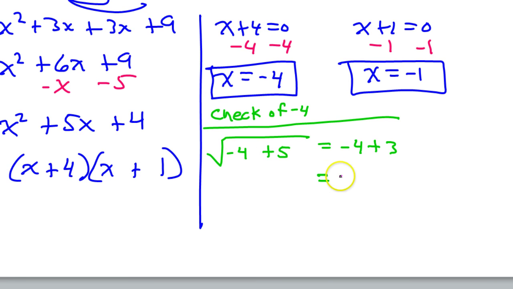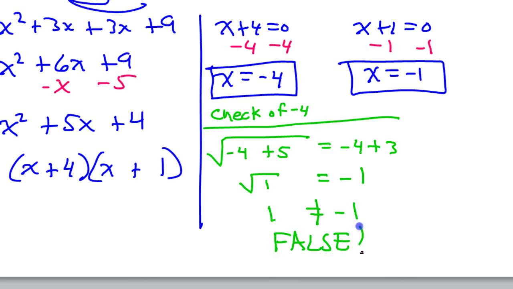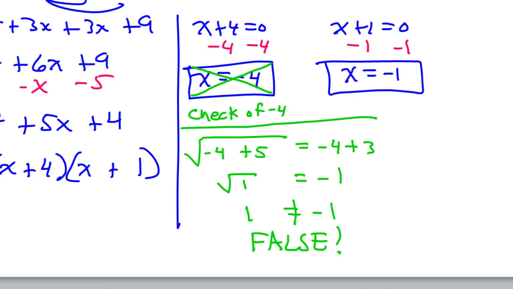So over here I'm going to get that -1. It really doesn't matter what this is. So I've got the square root of 1. So that gives me 1 equals -1. What? No. So this is false. Okay, that means the -4 did not work. So that one's extraneous. Cross that out.